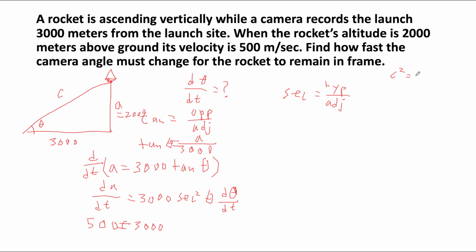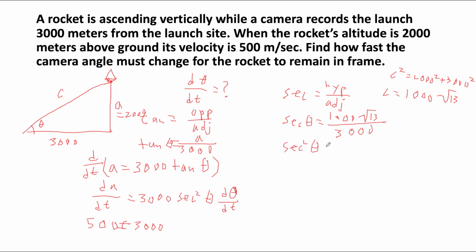So we know that c squared equals 2000 squared plus 3000 squared, which means that if you do the math, c equals 1000 square root of 13. So this is our hypotenuse. So we know that secant of theta equals 1000 root 13 over 3000. Therefore, secant squared theta is just this squared, which is roughly 1.44.